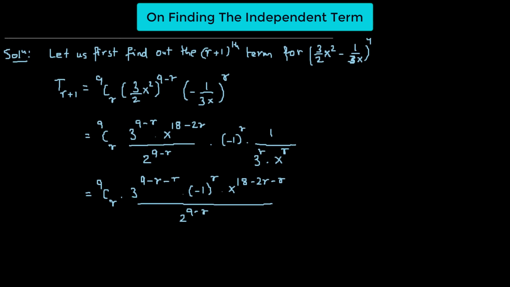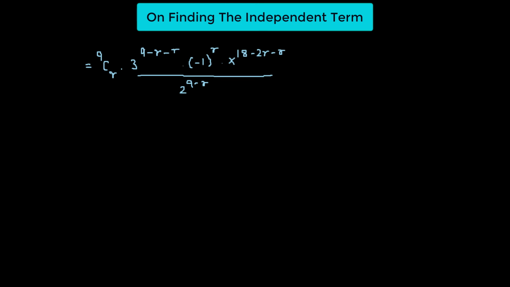Now we further simplify it, and that should give us 9Cr times 3 raised to the power of 9 minus 2r divided by 2 raised to the power of 9 minus r times negative 1 raised to the power of r times x raised to the power of 18 minus 3r. So this is our T(r+1) value for the second part.